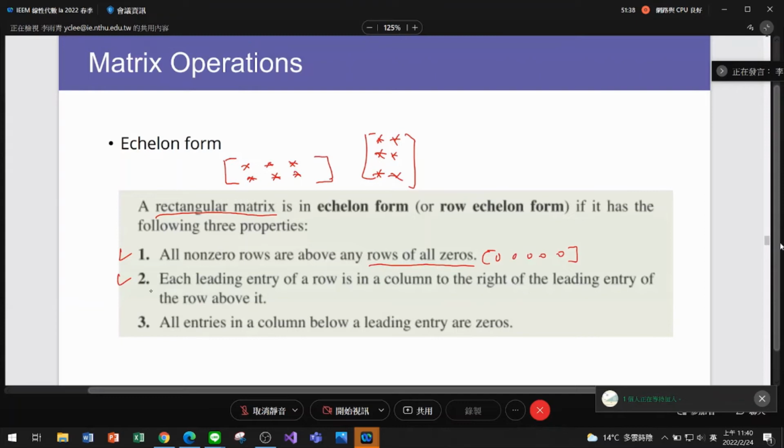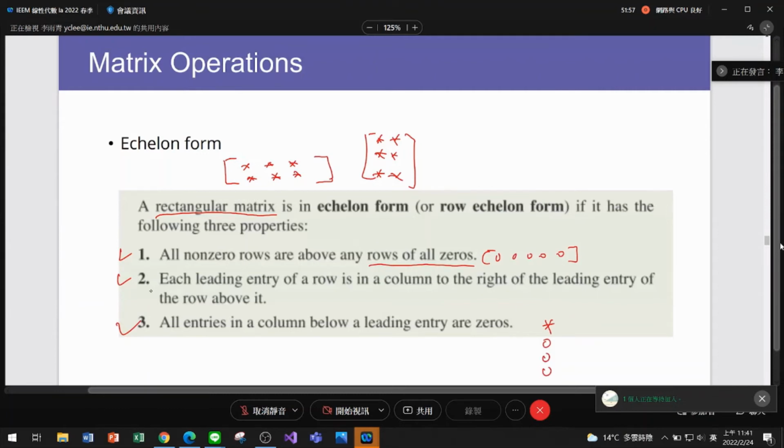Okay, later we're going to see examples for that. And for the third one, all entries in a column below a leading entry are zeros. So if we have a leading entry being non-zero, all the components below it must be zeros.